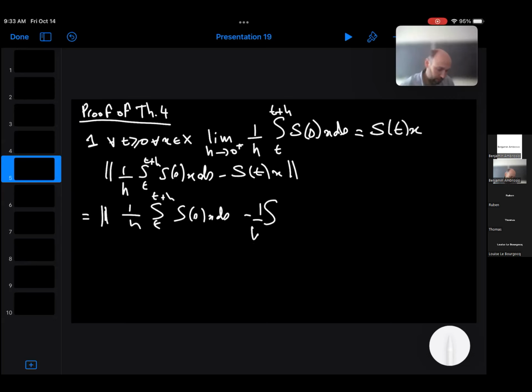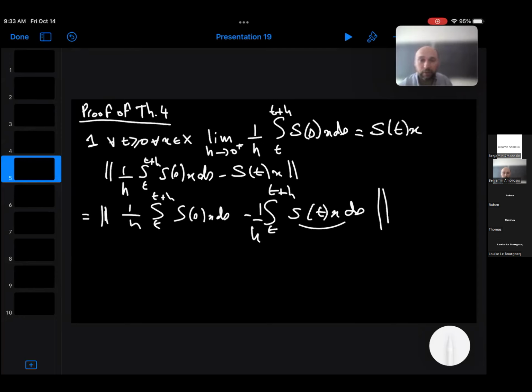1 divided by h, the integral from t to t plus h of S(t)x ds. I can do that, this is a constant. As I told you, this integral is very similar to the integral from R to R, so I'm integrating on R. The values are in the Banach space, but it doesn't matter.